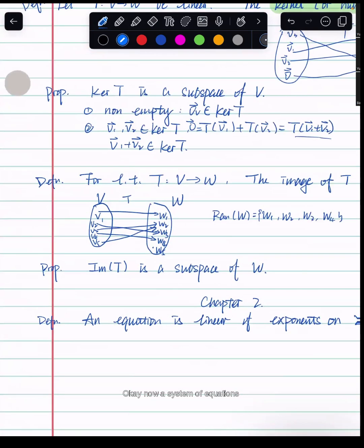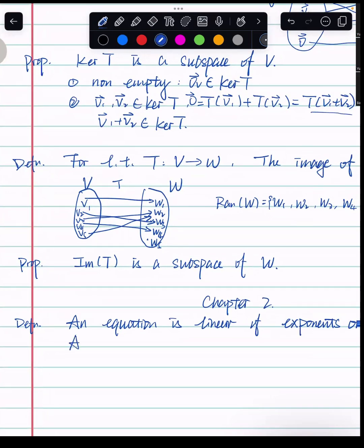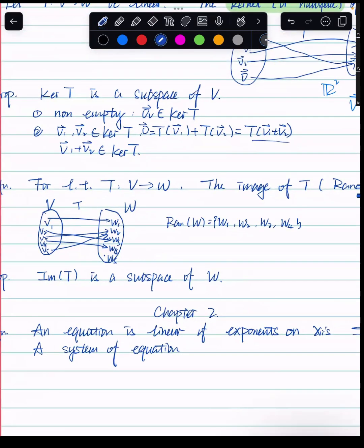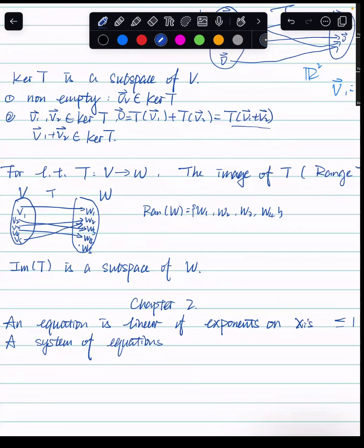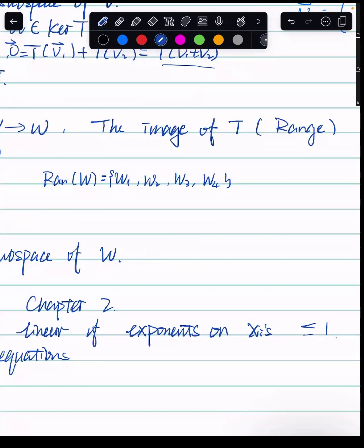Okay, now a system of equations is a set of equations to be solved simultaneously.